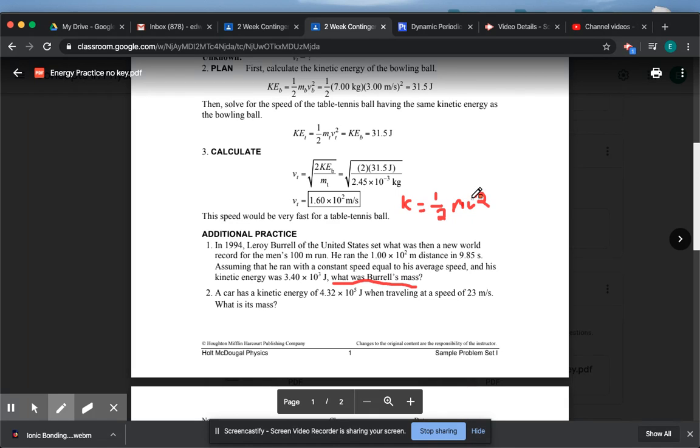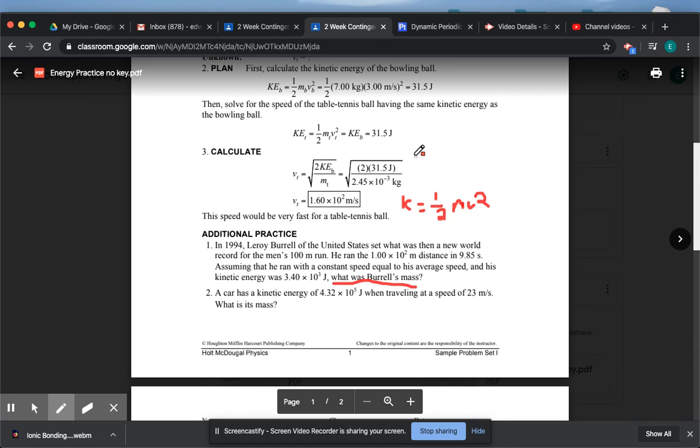So first thing I need to get rid of is the 1/2 and the v squared. Okay. So in order to get rid of the half, I need to multiply by 2. If I multiply by 2, it'll cancel over here, and I'll have it over here. So I multiply both sides by 2. So now that'll get rid of the half. And then I need to divide by v squared, because it's multiplying m, and that'll bring it over to the other side.